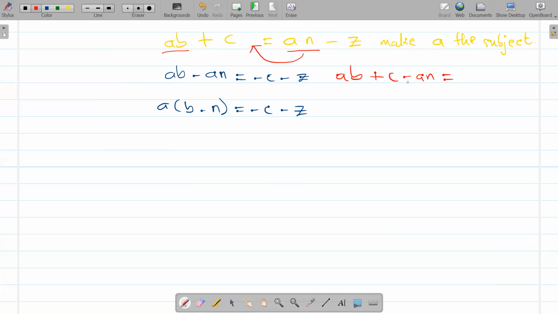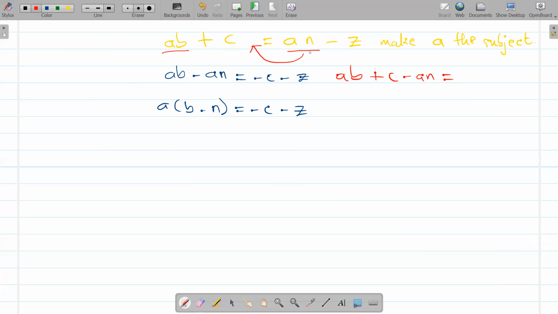I am saying that we have AB plus C equal to AN minus Z. Good. So you take it one step at a time. We want to make A the subject, so we need to find a way of grouping all the A's at one side.